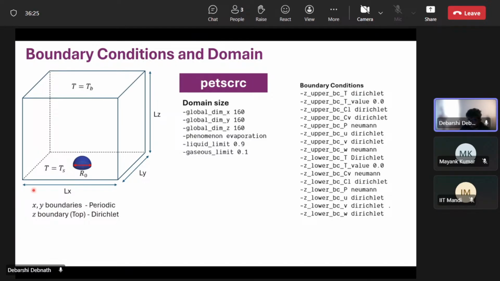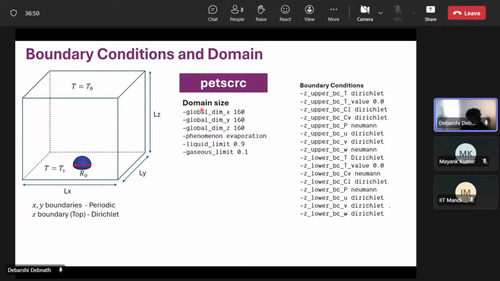So if you remember, all of these boundary conditions are defined in the file called PEC-CRC that is located in the source and setup file itself, where you can mention any kind of boundary condition here for each variable.